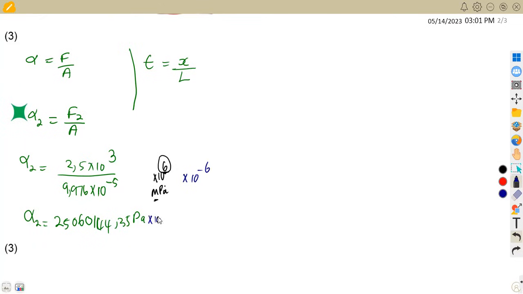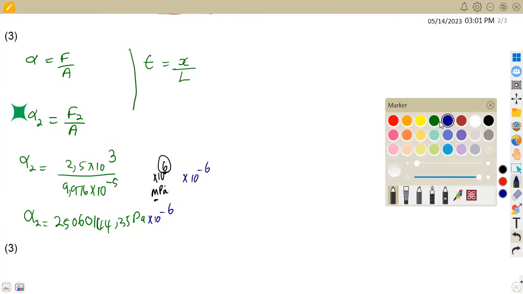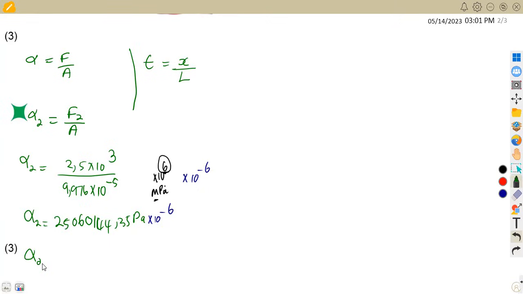By doing so, you are converting your answer directly to megapascals, which on your calculator you're going to see 25,0601 and so forth. That answer that you see is now in megapascal.